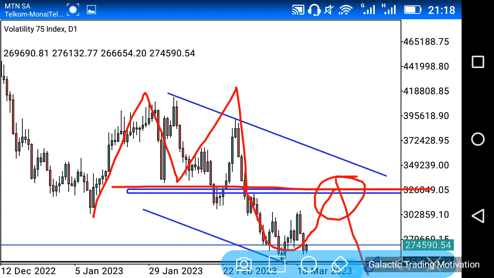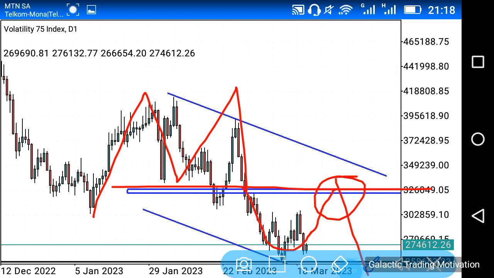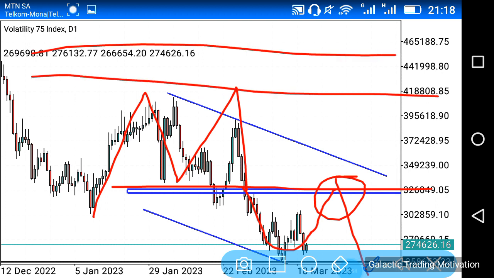Having said that, remember I also spoke about those other 2 points at the top where the market could possibly head to. But at this point in time, the most important level is this level over here. Why is this the most important level?